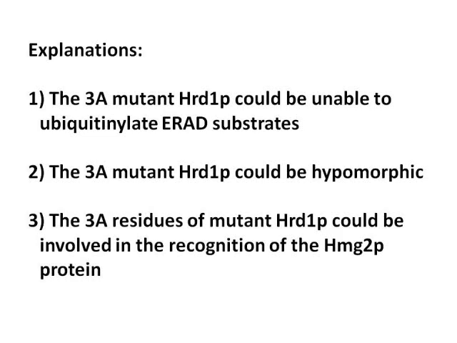Also, this 3A mutation could have caused the gene to become hypomorphic or less expressed than the wild-type protein, and thus would result in the decrease in ERAD efficiency. Lastly, the 3A residues of the mutant HRD1P protein could have been involved in the recognition of the HMG2P protein.